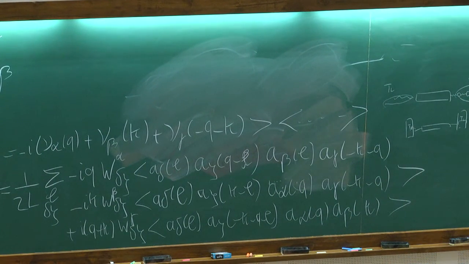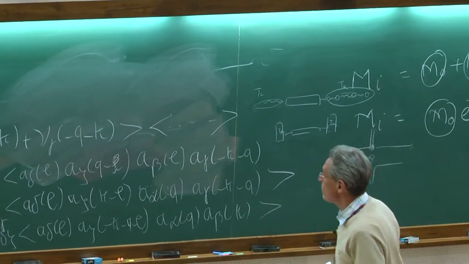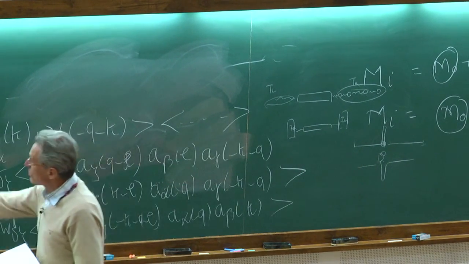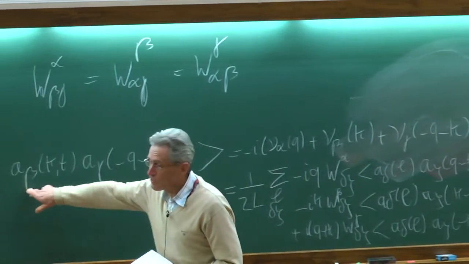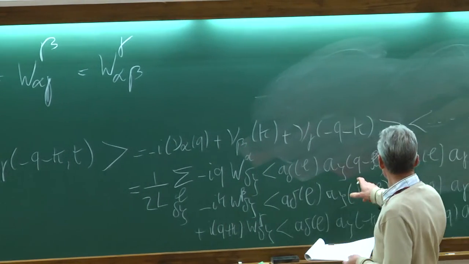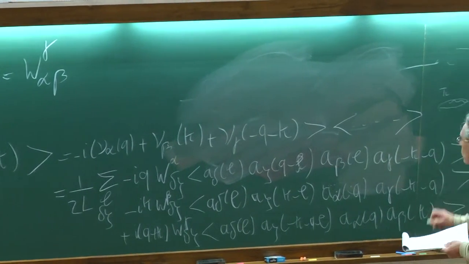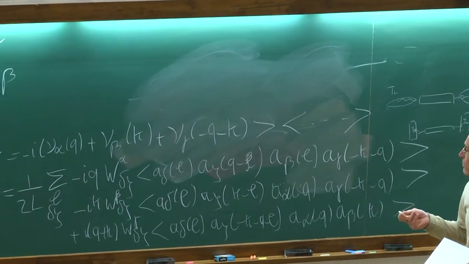Now, if you have Gaussian statistics, this works like a charm, because then the expectation value of a product of 3 will vanish, and the expectation values of products of 4 will factorize into products of 2.